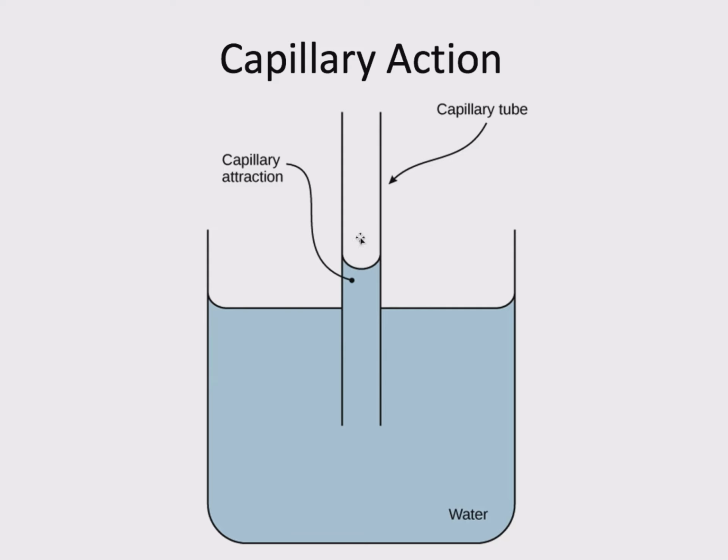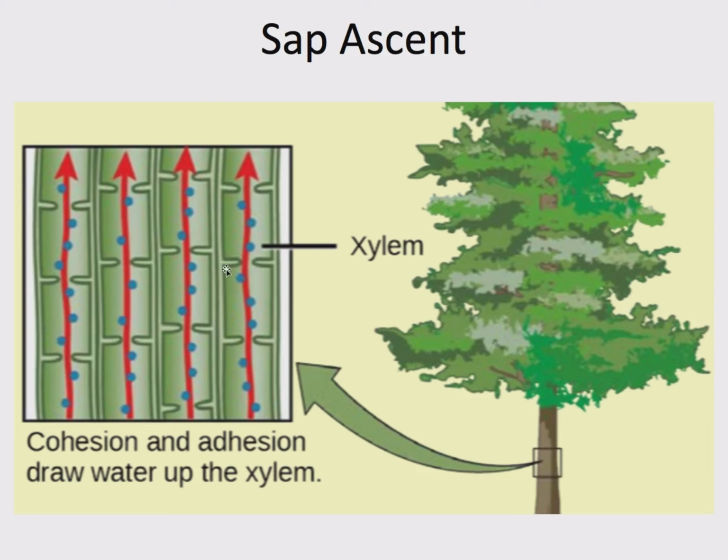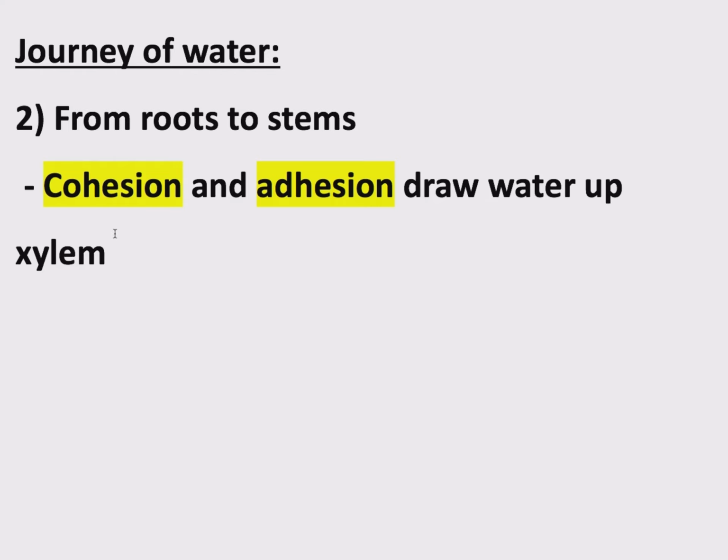This is an artificial setup with a glass tube and a beaker, but this is exactly what we see when we look at the tubes of xylem, for example. So yeah, the water is going to crawl up the walls of this xylem because of cohesion and adhesion. Simple as that. So even though these were defined in earlier chapters, they should be in the key terms for this chapter as well. So from the roots up through the stems, cohesion and adhesion draw water up the xylem.